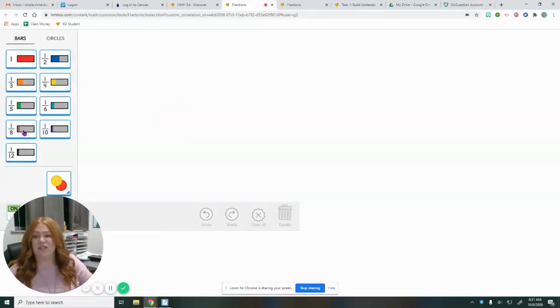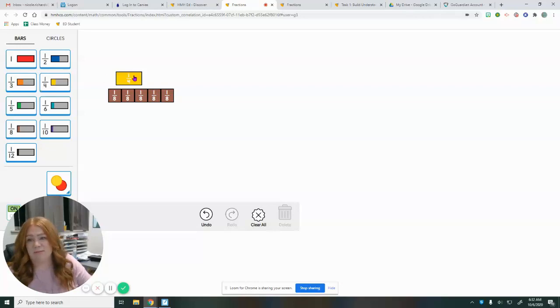I know that she has 5/8 of a cup. So I'm going to go ahead and add 5/8 here and line them up. Go ahead and do that on yours. Okay, so we both should have 5/8 here. Now she only has a 1/4 cup measuring cup though.